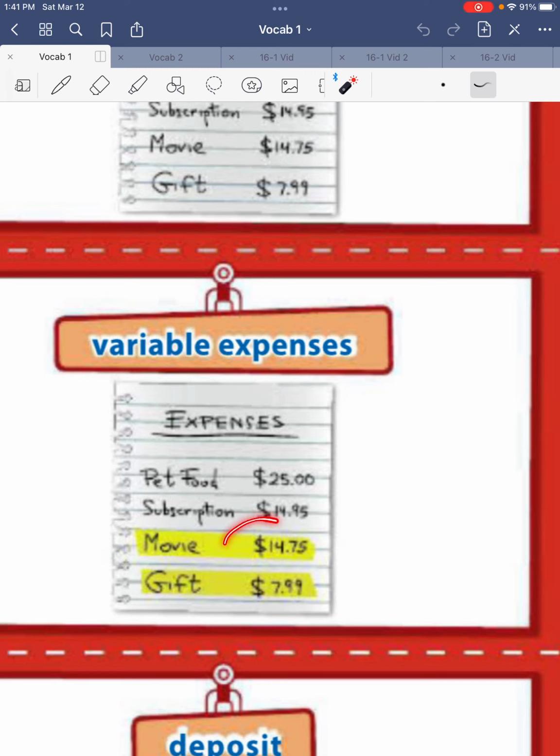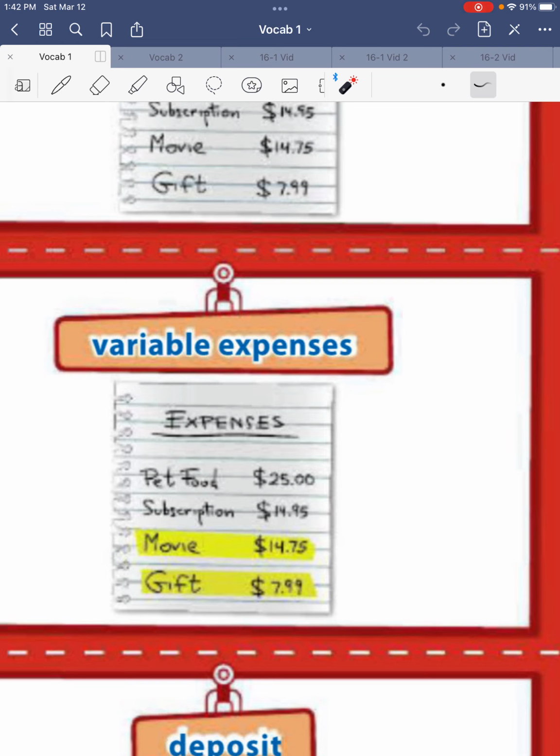It doesn't always have to be $14.75. Same thing for a gift. You don't always have to buy a gift, and when you do, it's not always going to be $7.99. It might change. The prices for these two might vary. That's why it's called variable expenses. It's not always going to be the same price.